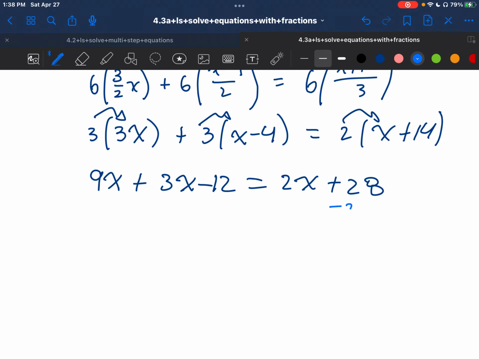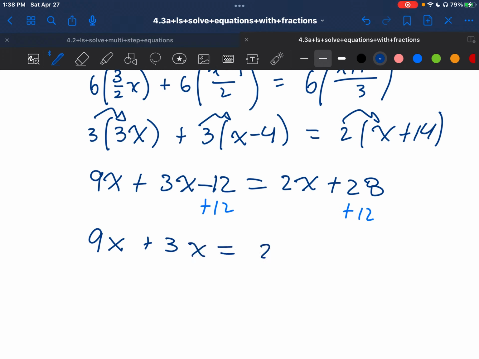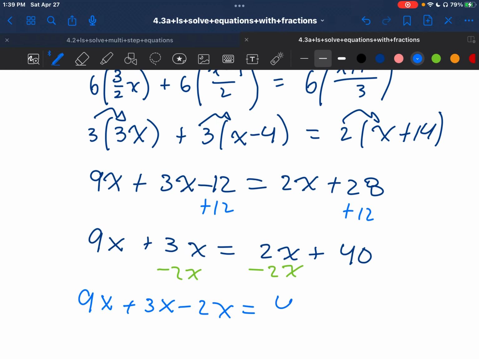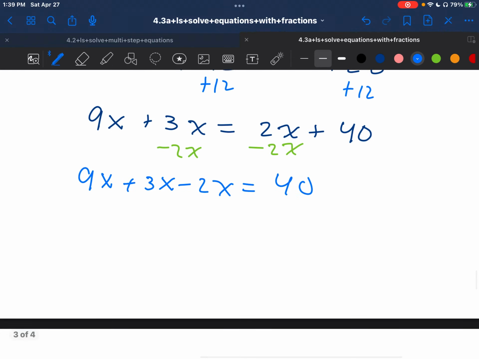And then if we solve for that, that's going to be minus 28 plus, let's do plus 12 on both sides. So 9x plus 3x equals 2x plus 28 plus 12 is 40. Minus 2x on both sides. We could do 9x plus 3x minus 2x equals 40.